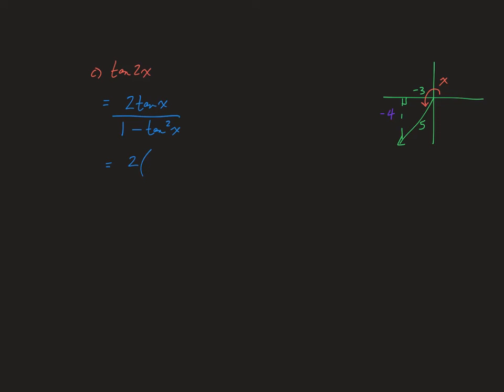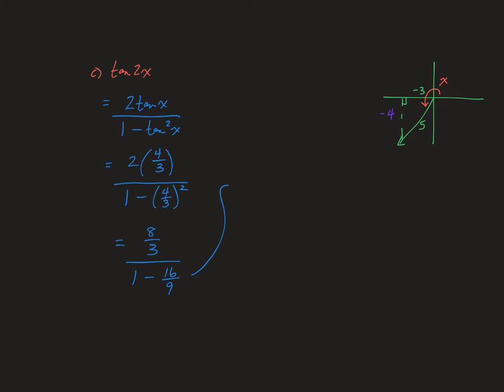So I'm going to take 2, and then I multiply that by my opposite over adjacent, all over 1 minus, now I have tan squared, so there's my opposite over my adjacent squared. Some people will come right in on this line and say that I know the top would have been 8/3, and maybe they come in on this as their denominator. I think that that's a good line to come in on. You're not skipping too much. And if you do make a mistake, we can probably find it quickly.